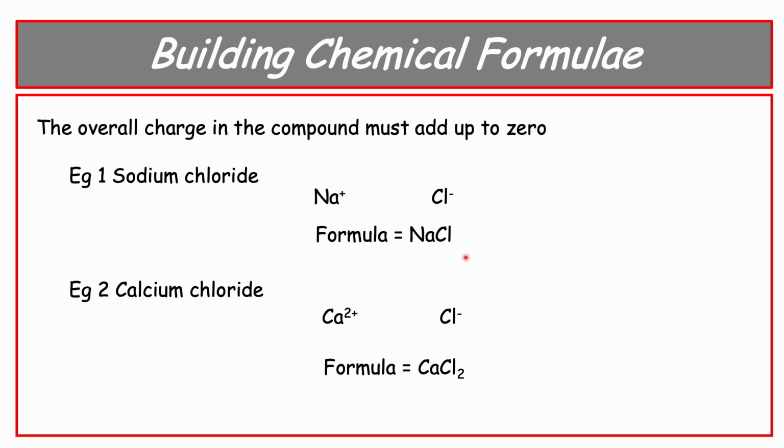So what this is actually telling you is the ratio of ions in an ionic compound. So you're only asked to build chemical formulae for ionic compounds, aka between a metal and a non-metal. So that tells you that for every sodium ion, you need 1 chloride ion. It is not telling you that the molecule is just NaCl.